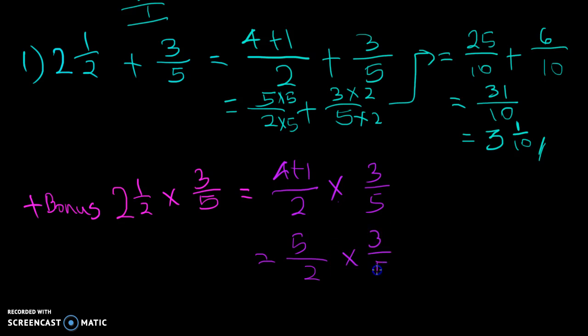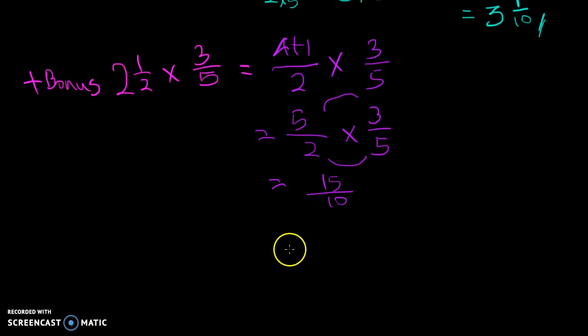Just for your knowledge, whenever I see multiplication of fractions, I do not even have to change to the same denominator. I can do numerator multiplied by numerator, and denominator multiplied by denominator. So I'll end up with 15 out of 10. From here I can simplify it.